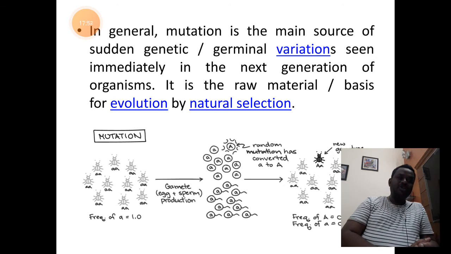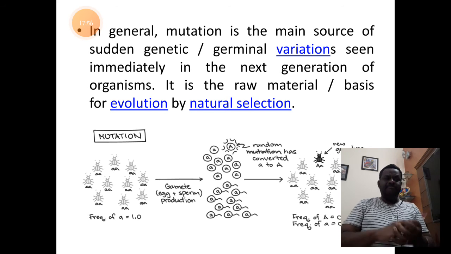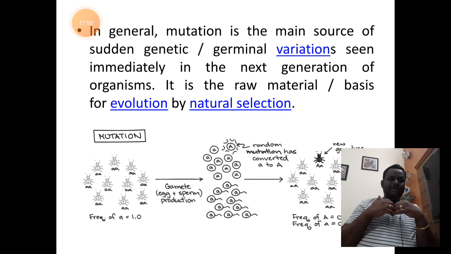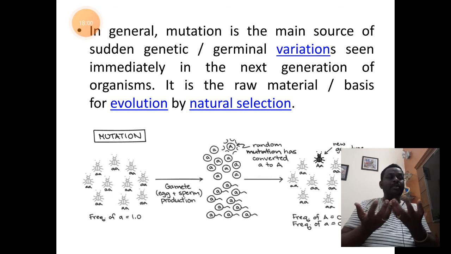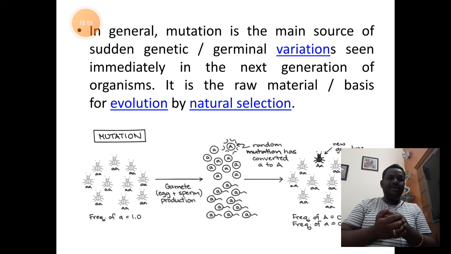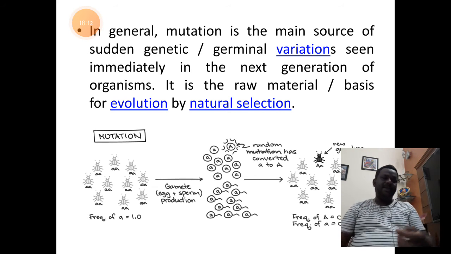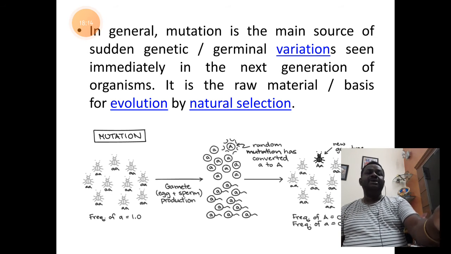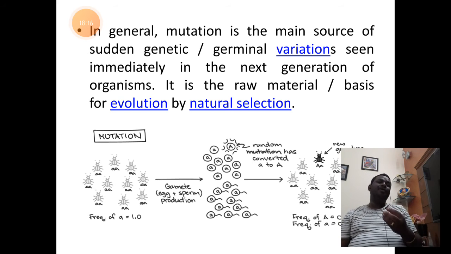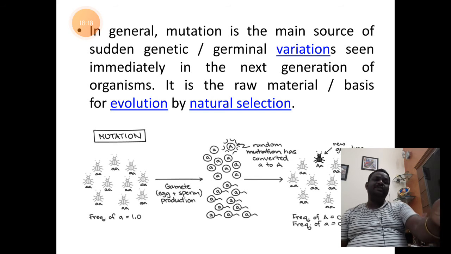Hence, mutation acts as the basis or raw material for any evolutionary processes that suddenly occur in nature. So it's a basis for even the process of speciation.